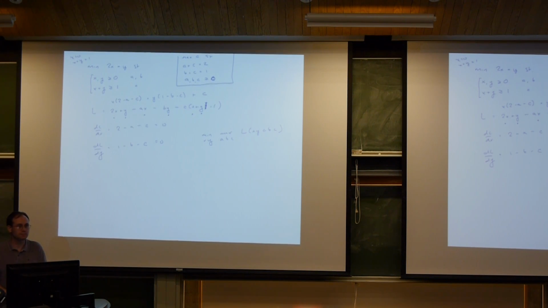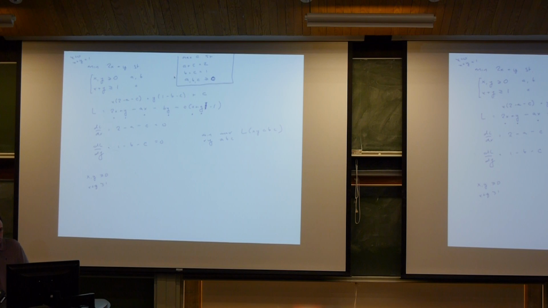So what again are the KKT conditions? The KKT conditions, right. So the KKT conditions are primal feasible, dual feasible, and objective values are equal, otherwise known as complementary slackness, right? So KKT conditions here will be x and y are greater than or equal to 0, x plus y is greater than or equal to 1, right?